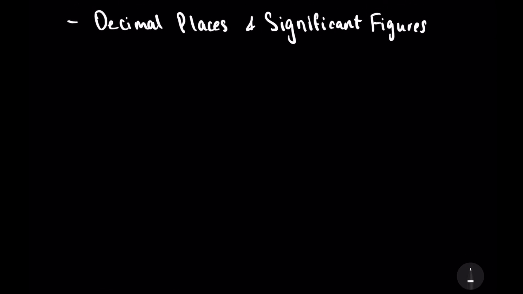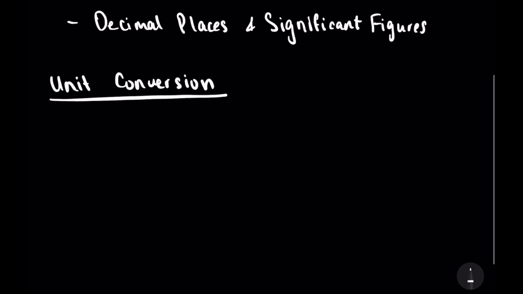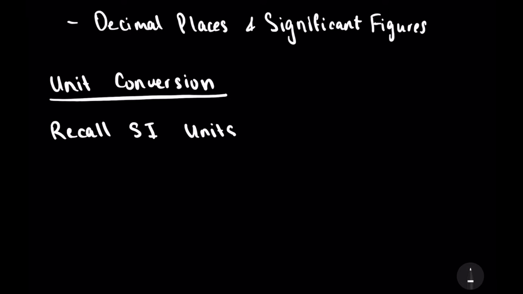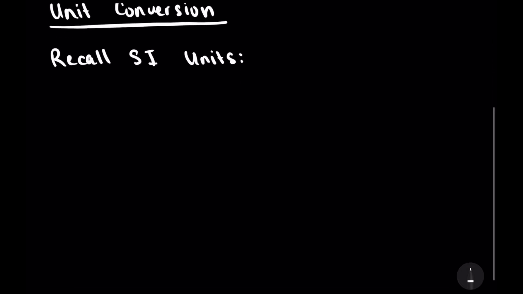So let's recall our SI units, right? So we're diving into unit conversion. Our SI units, as we remember from last week's videos, are 7 quantities that are our fundamental way of representing different descriptors in our world, right? So if we have length, we want to use the meter, and that symbol is m.